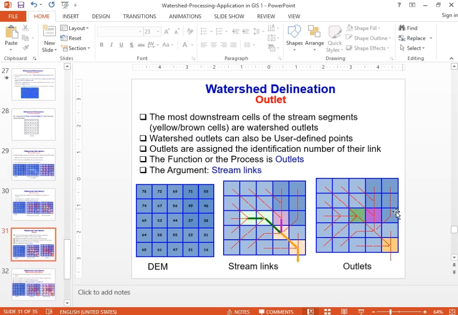Finally, we can have an outlet. We have a dam, we have the stream link, and finally we can have an outlet here. You may have this one, but in order to contribute all of these dams, you should take your outlet at this point. In such a way, you can get an outlet.